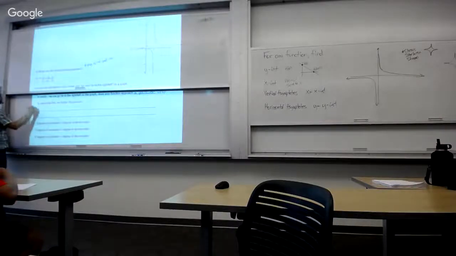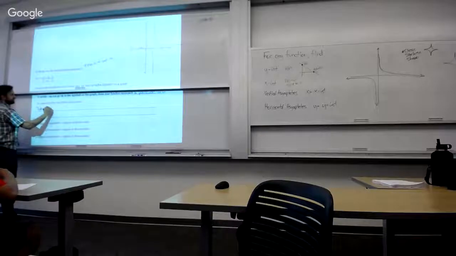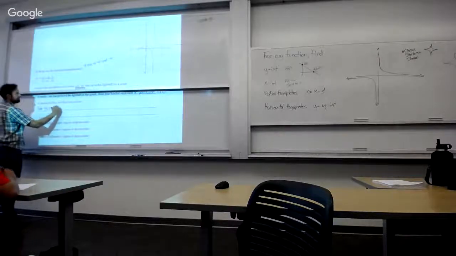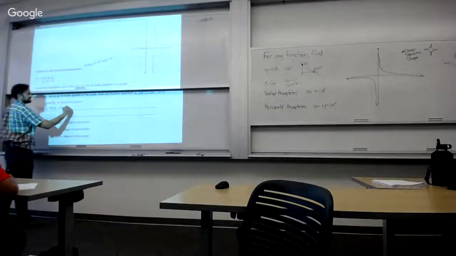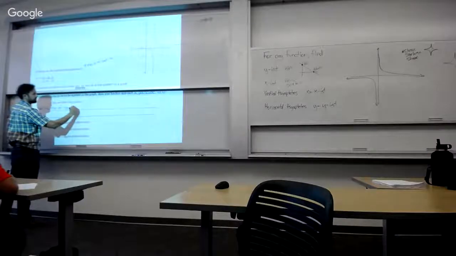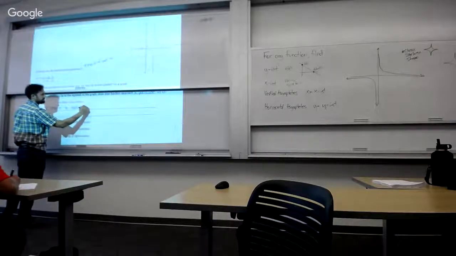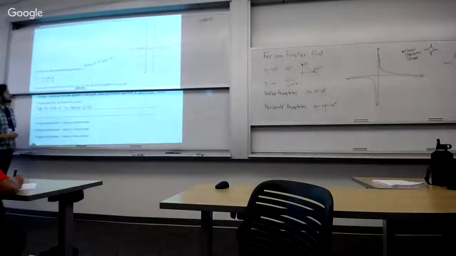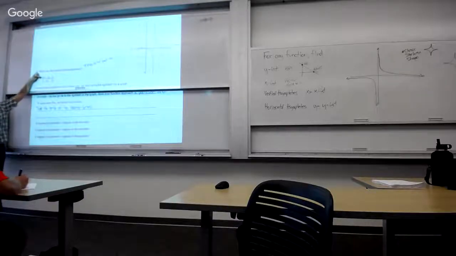So here's the process. Take the ratio of the leading terms. So first of all, what does that mean? What's the leading term of x squared plus 2x minus 3? The whole term, not just the leading coefficient, the whole leading term. 1x squared.